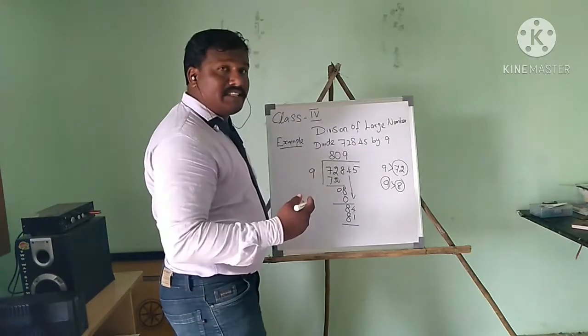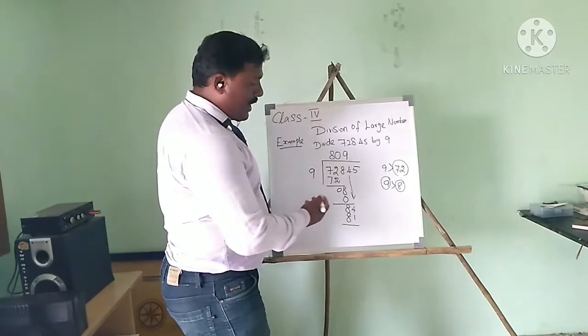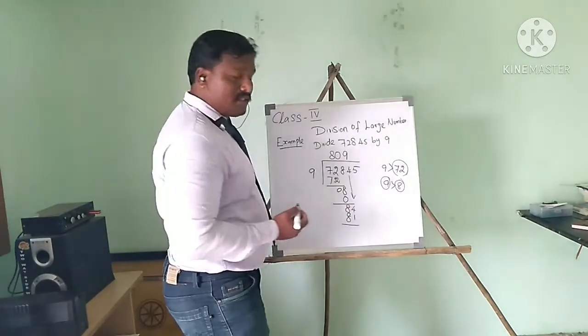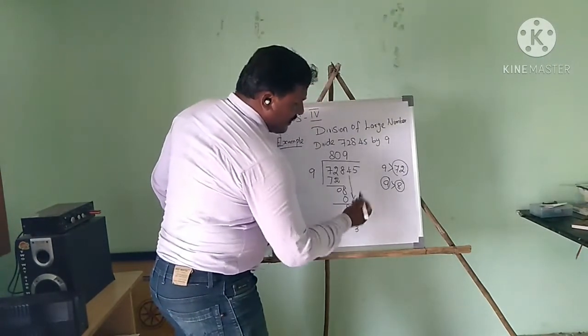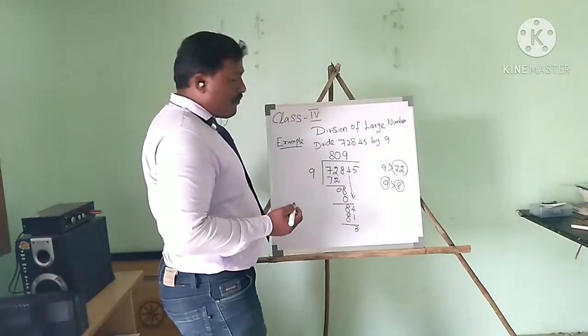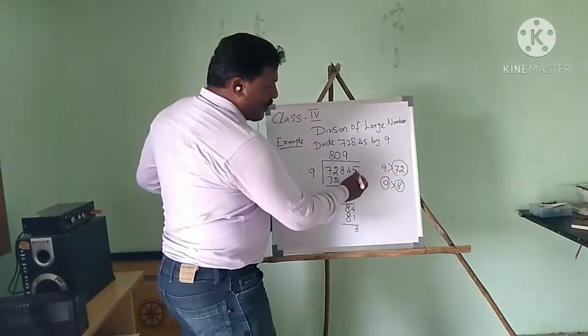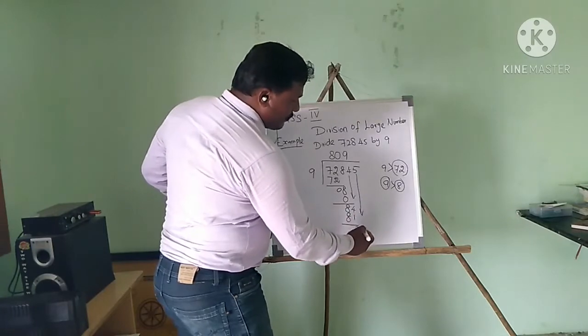So after this division, we have to subtract. 84 minus 81, we got 3 as the remainder. Now the remaining number 5 is there, so I will take it down.